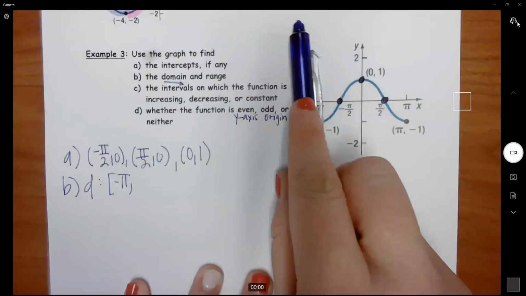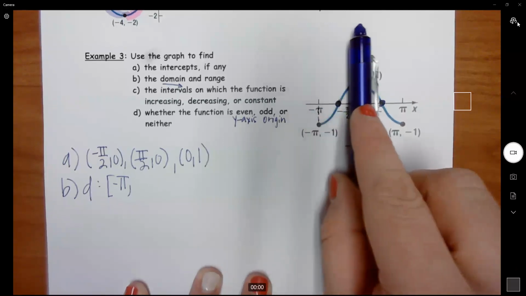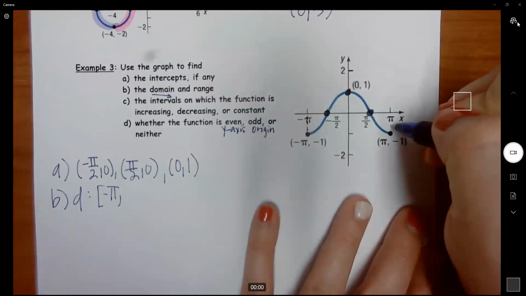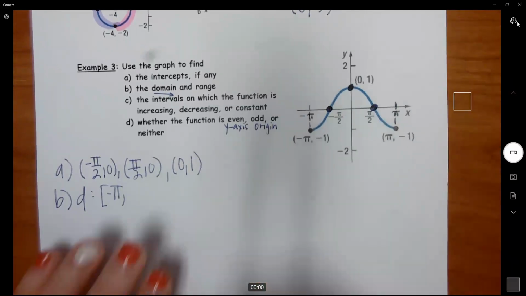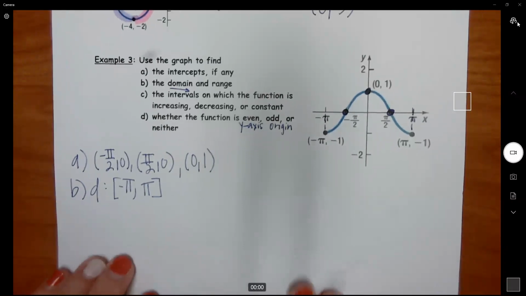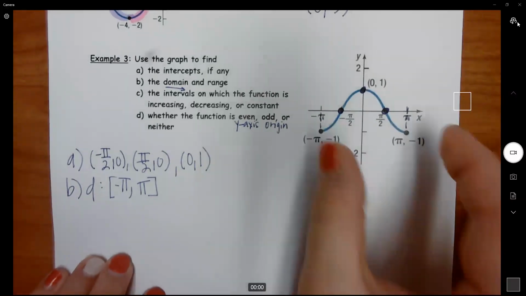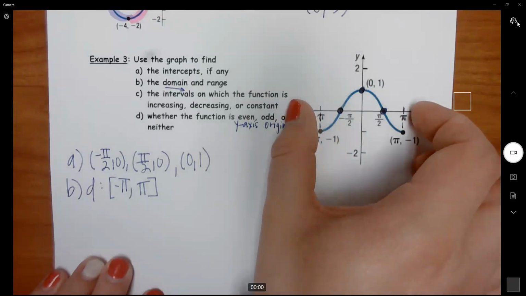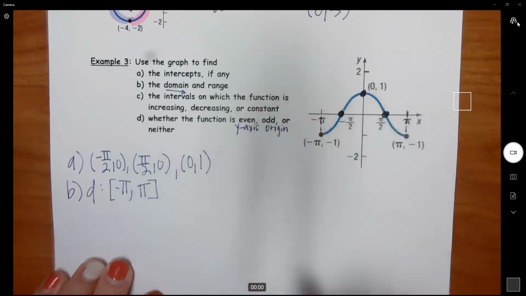And then as you're going from left to right, my graph ends right here. And what is that x value? Right here at π. So from -π to π, I've got some graph right here, but I don't have anything outside of that.